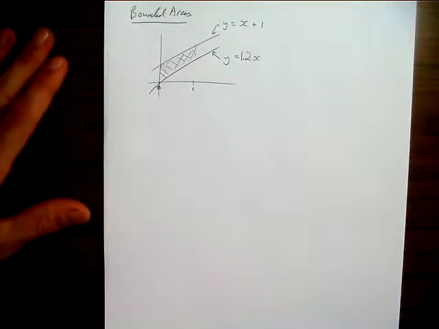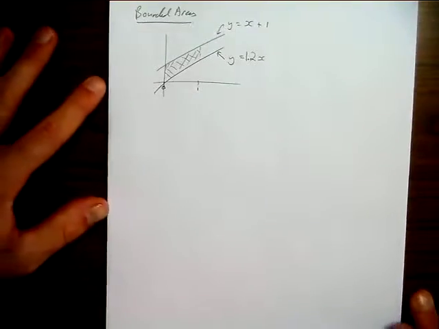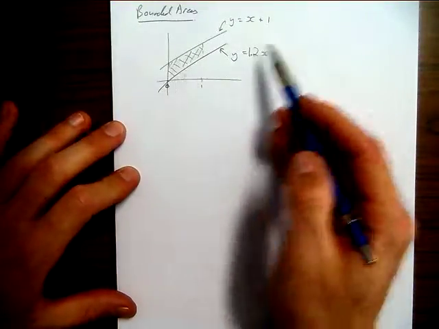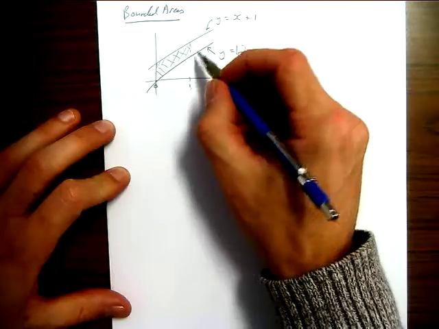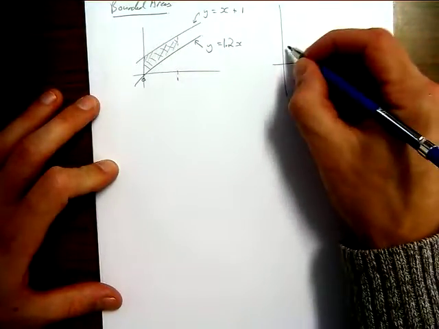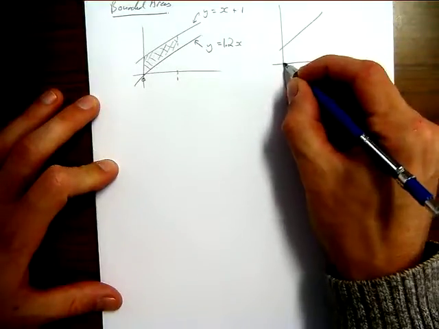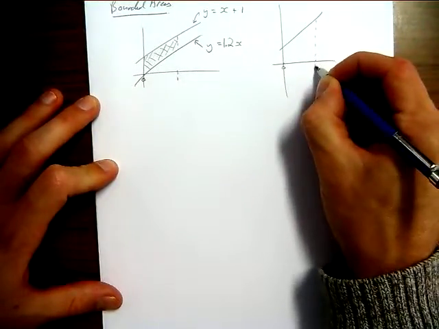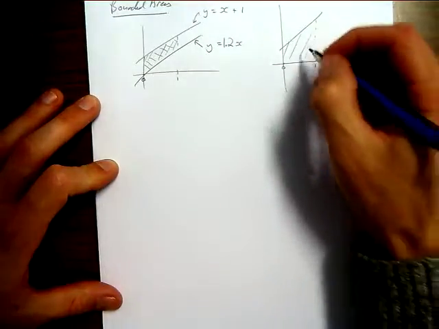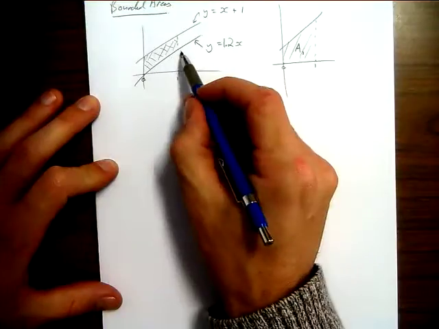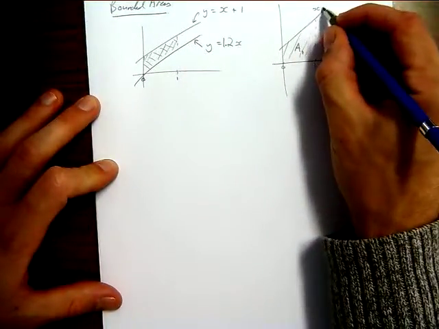Find the difference between the two areas. Okay, so if I look at these two integrals, if I draw the x plus 1 over here, looks something like this from 0 to 1. That would be, let's call that A1. And this area under here, this is x plus 1.